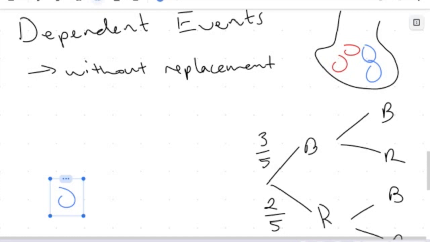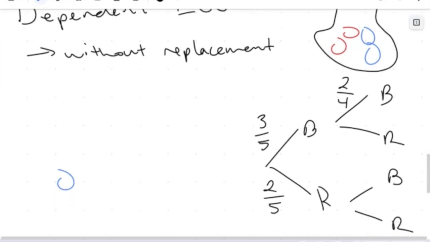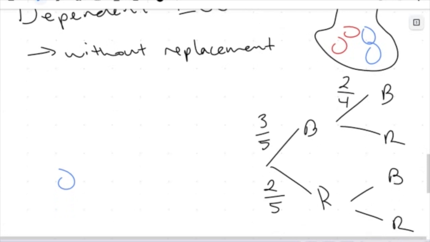How do my probabilities change? Well, I have a smaller sample space because I have 4 balls remaining, and now 2 of those are going to be blue. And down the bottom here, I have 2 reds out of a possible 4. So my probabilities are changing a little bit.